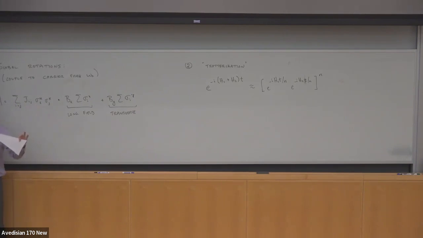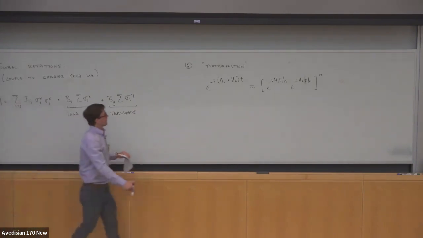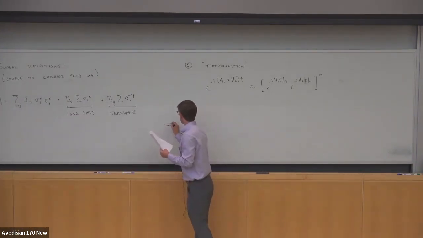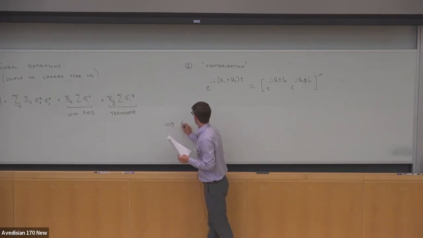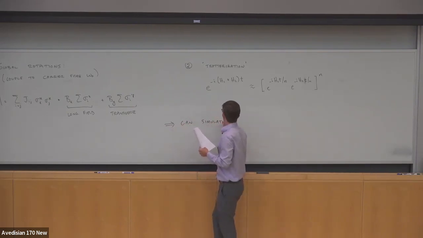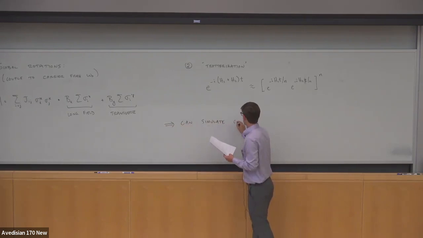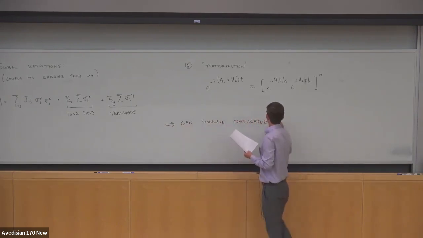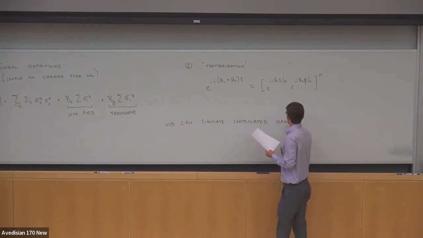And now that looks like YY, or that looks like ZZ, depending on which way I rotate. And so that, combined with trotterization, we can use that to simulate much more complicated Hamiltonians.